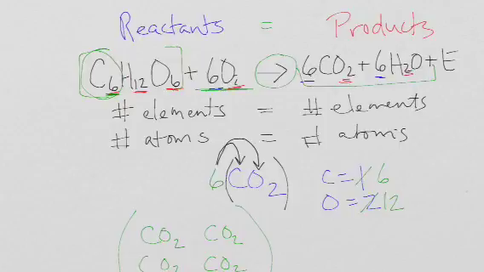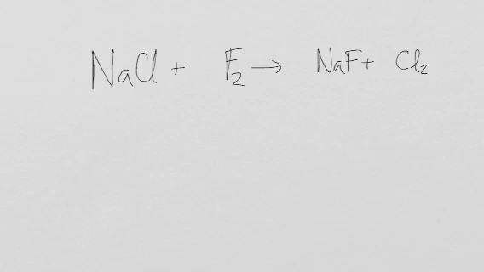So if we want to see if this is balanced, what we end up doing is writing down all of our elements, and writing the number of atoms of each of these elements to see whether they even out. So here we have an equation of sodium chloride plus fluorine, which yields sodium fluoride plus chlorine.